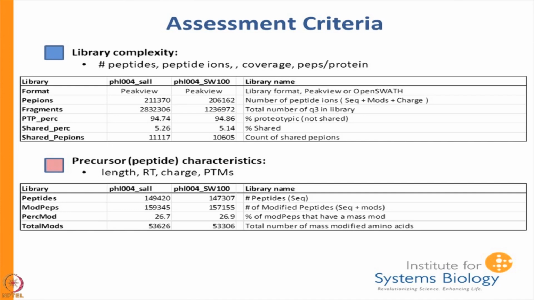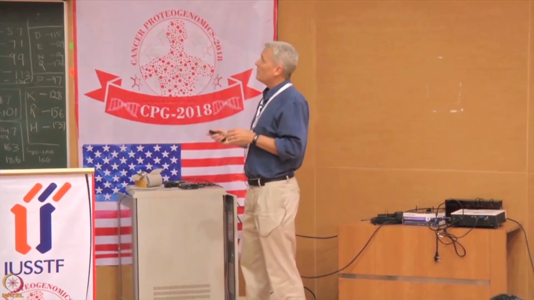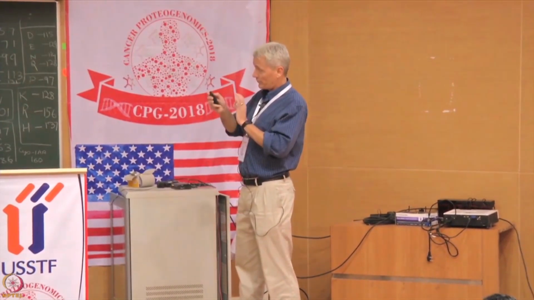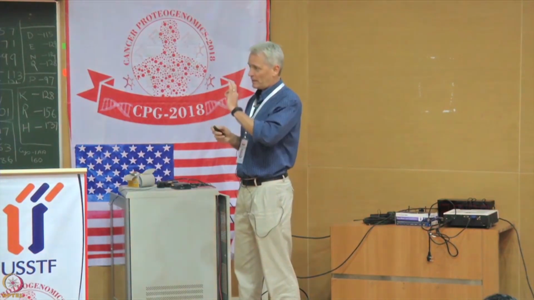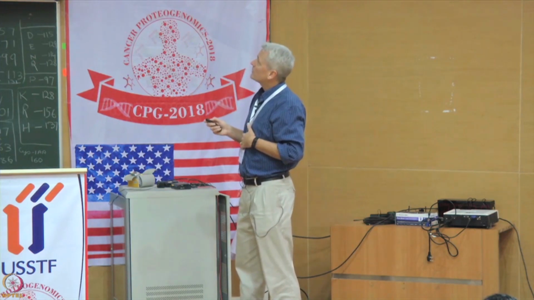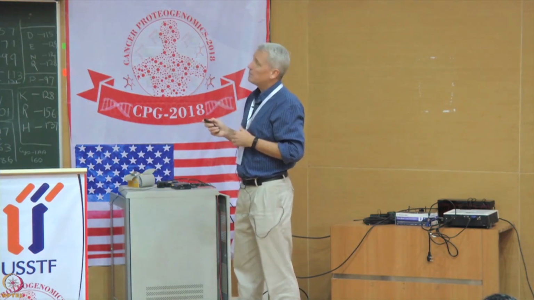The other thing I have is that I took this PHL and applied our swaths. Because when they did DDA, they were looking at wider m/z ranges. In addition, we were looking at these 100 swaths, and we don't want any fragment ions in our precursor windows. What's more, we took only the top 6 fragments.